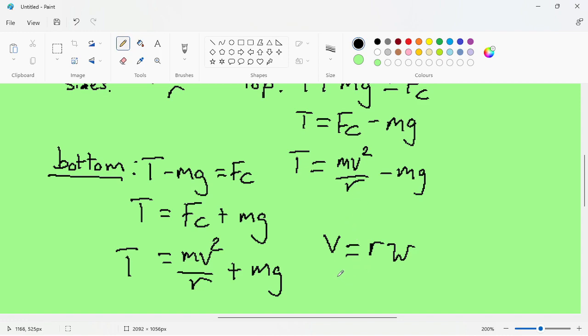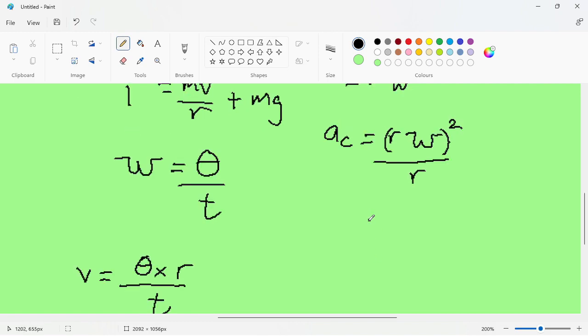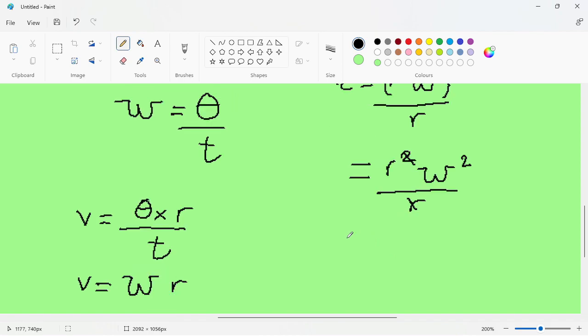So the centripetal acceleration is equal to v squared over r, which is r omega all squared, divided by r. Squaring the top, we get r squared omega squared over r. Removing the r from the denominator and the square from the top, centripetal acceleration is equal to r omega squared.